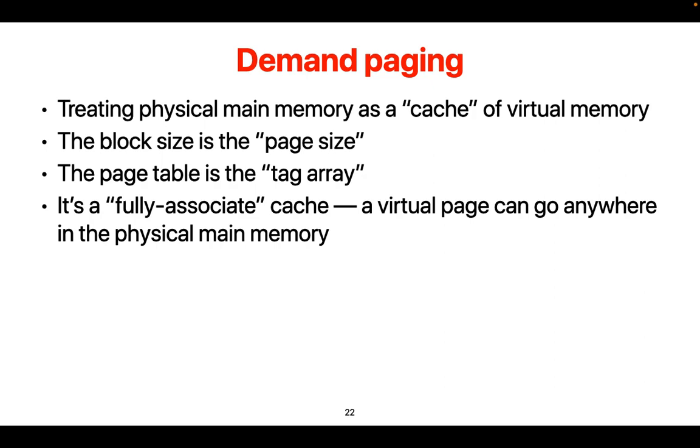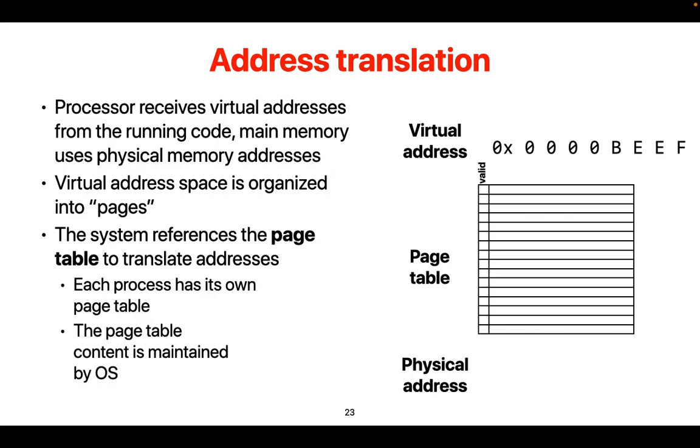Because C equals A times B times S. The answer is that the physical memory actually implements a fully associative cache, in the way that when you load a page, the page can go anywhere in your physical memory. That's different from the cache, because a cache is like a hash structure, so it can only go to the set where the hash index indicates, right? However, for demand paging, you can go anywhere. So that's the main difference.